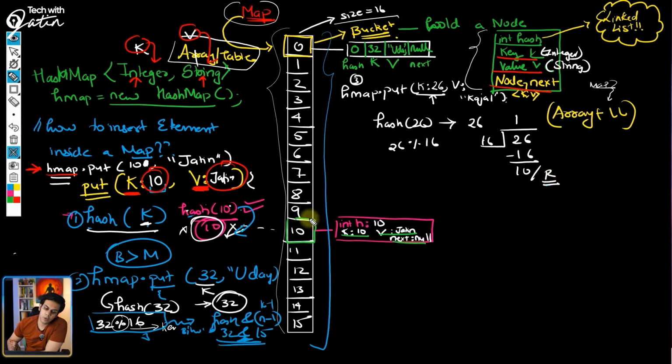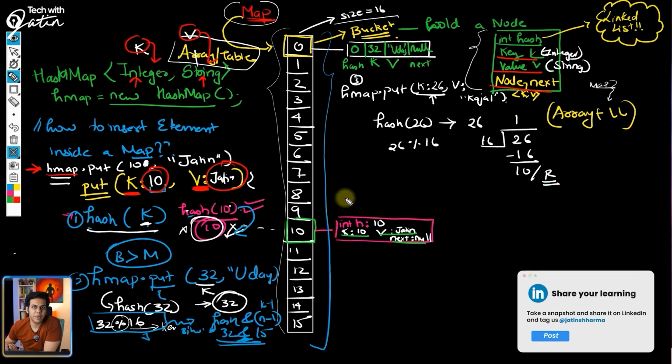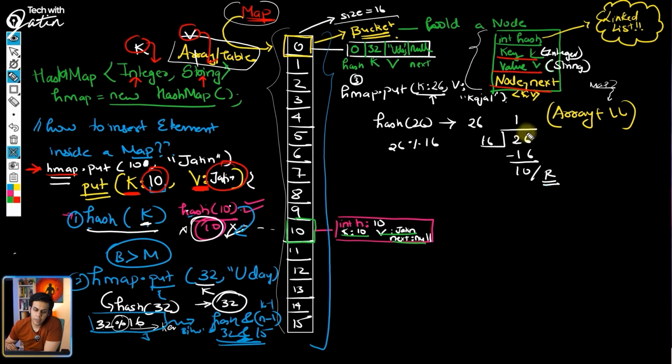All right. So this bucket number 10 will be used to create a node. But if you notice carefully, there is already a node present over here. So if Java tries to create a node on bucket number 10, it is going to result in something called a collision. Because there is already an entry, there is already a node present, we are having a collision. This collision basically results in the creation of a linked list.